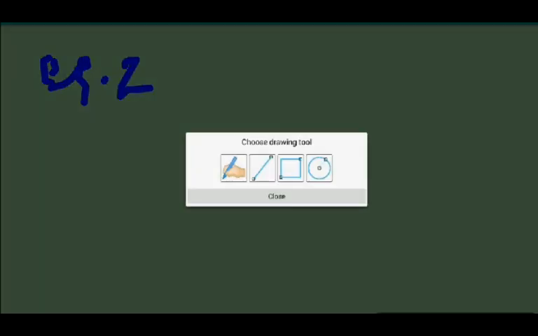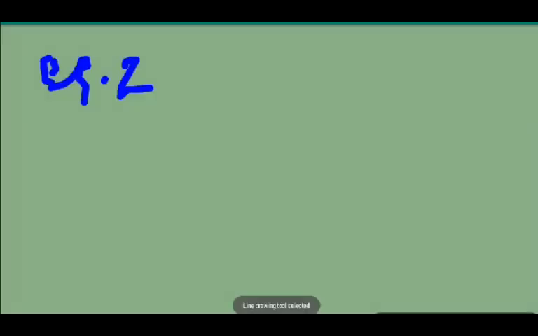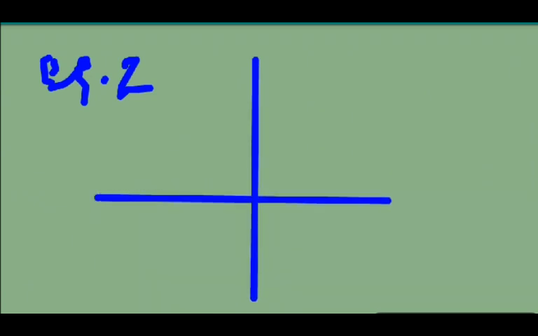Example 2. Consider the y-axis, again the x-axis.